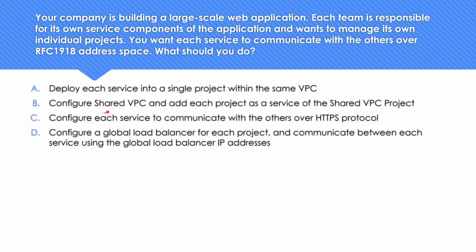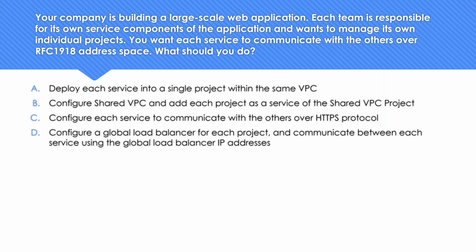Option B: configure a shared VPC and add each project as a service project of the shared VPC project. So basically, if there are 4 projects or 5 projects, create a host project and add all those 5 projects as service projects, using which there is only one VPC, but each team can have their own projects.